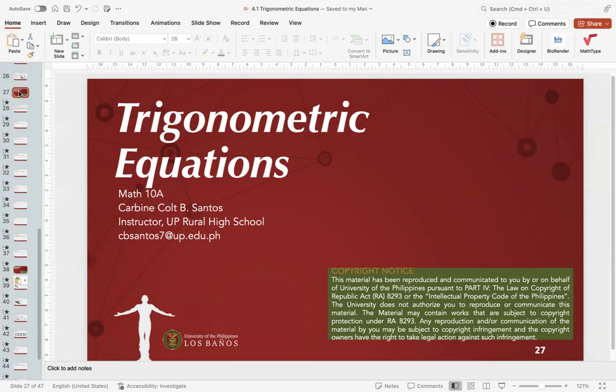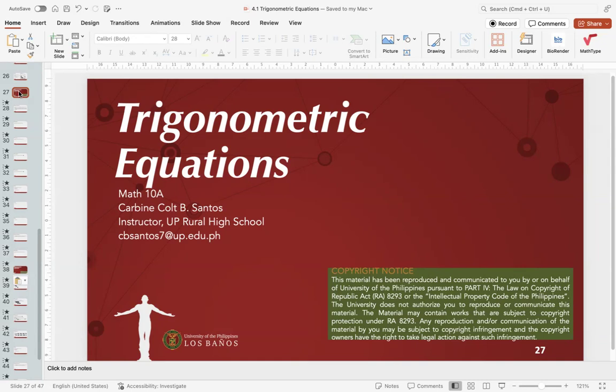And at the same time, we also discussed solving tip number two, wherein in a single trigonometric equation, rather, we have two or more trigonometric functions involved, or two or more different arguments or angles involved in the equation.